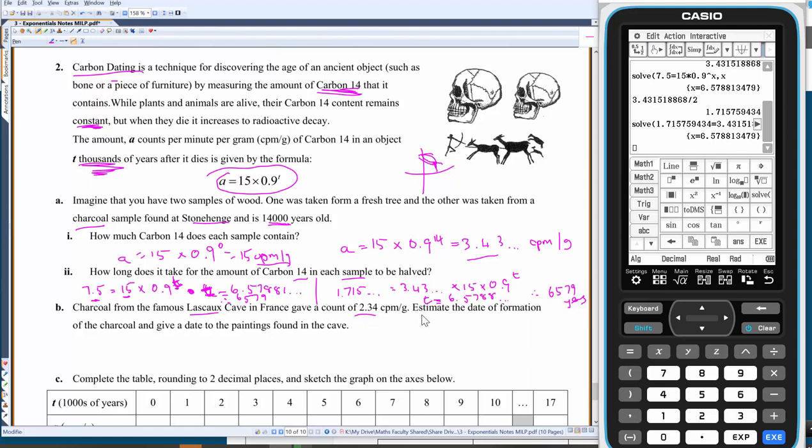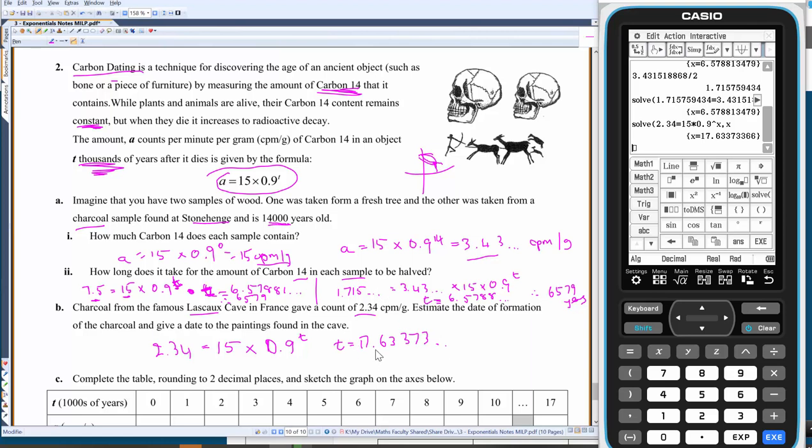Charcoal from the famous Lascaux cave in France gave a count of this. Estimate the date of formation of the charcoal and give a date to the paintings found in the cave. We know that things start with 15, and this has ended up at 2.34. If I go over and solve this, I get T equals 17.63373 dot dot dot.